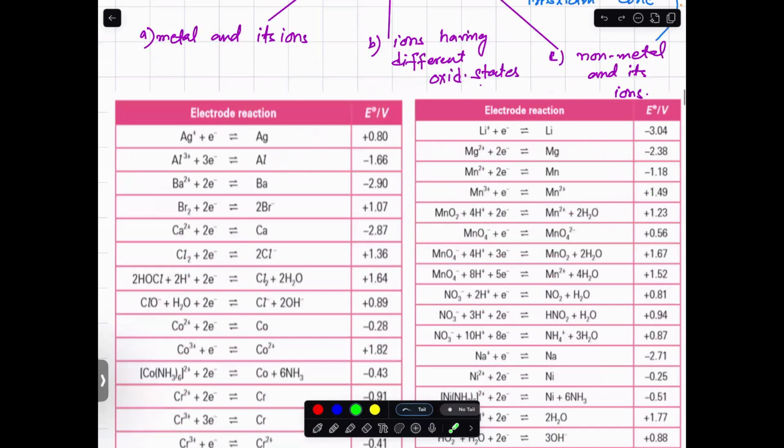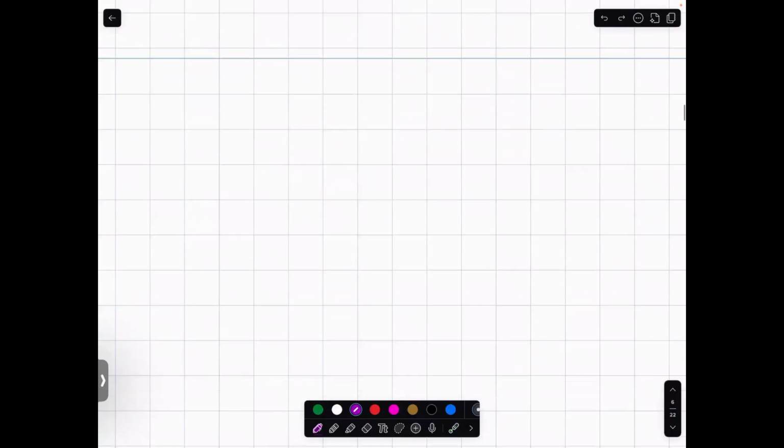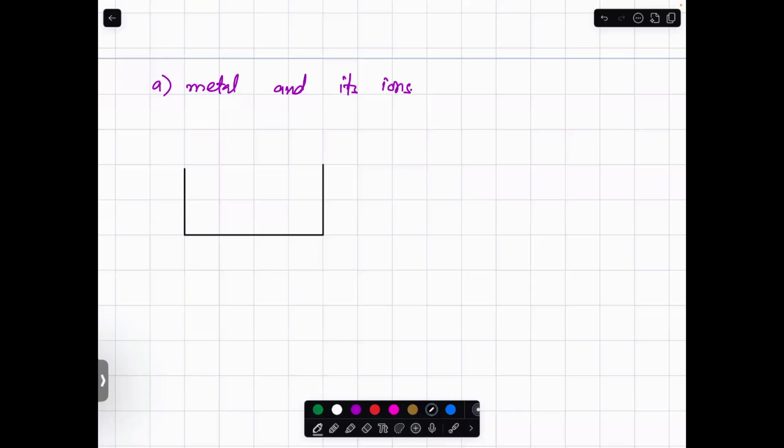Now what you are supposed to do, the first case: metal and its ions. This is the container, the beaker. Inside the beaker, there is the solution of ion, aqueous.